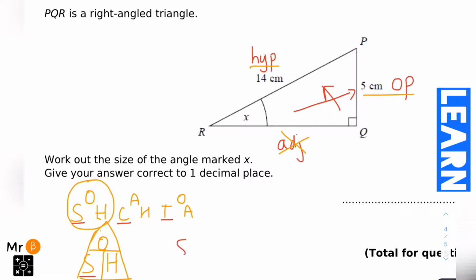So we know our formula must be sine of the angle is equal to our opposite divided by our hypotenuse. So our opposite is 5 divided by our hypotenuse of 14. Again, we've got that formula from just looking at that triangle there. And we covered up our S, and it told us it was opposite divided hypotenuse.